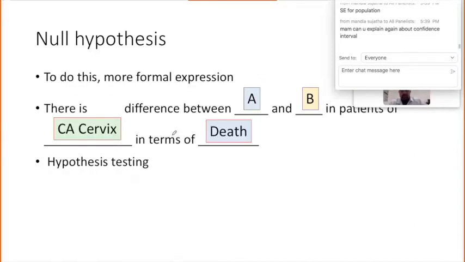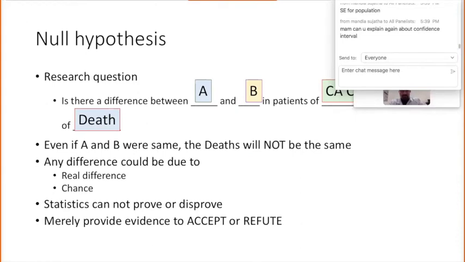So to make a null hypothesis, so again, this null hypothesis is a term which statisticians will use to confuse you a little bit more. If you are still with me after the end of this slide, null hypothesis will become very clear to you in the next slide.